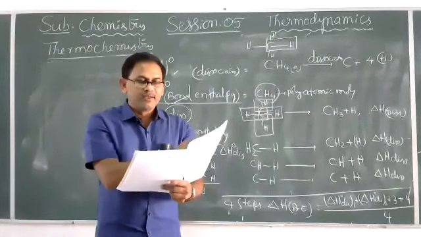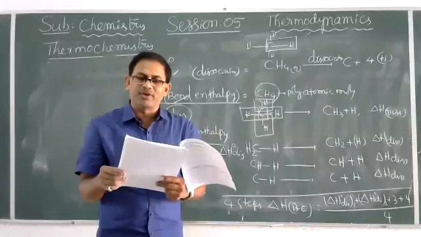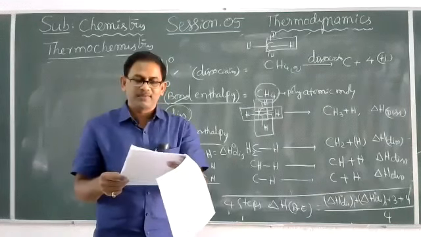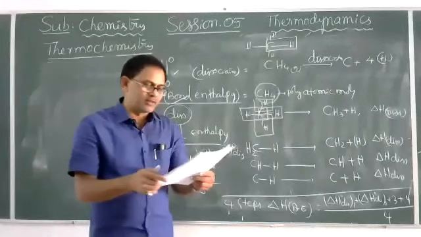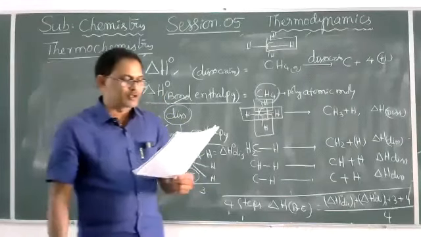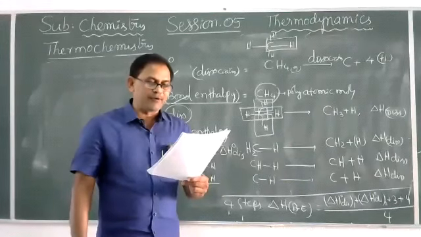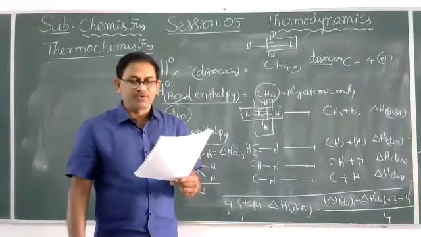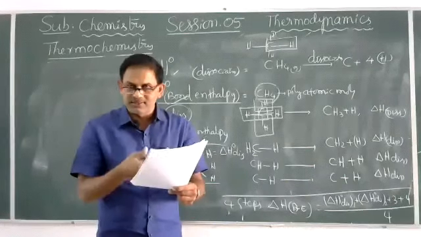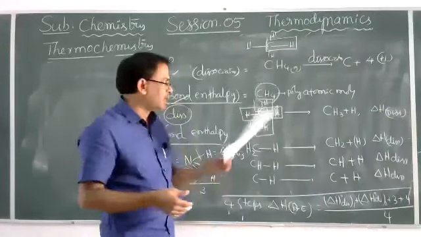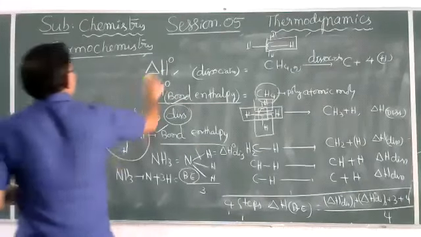Then the enthalpy of the reaction is to be found. How to calculate the enthalpy of the reaction? Based on these bond enthalpies, some important questions, and question number 6 is also given: bond energies of hydrogen and chlorine, and the enthalpy of formation of HCl are given. I'll solve these 3 important models based on bond energies, bond dissociation, and bond enthalpies.